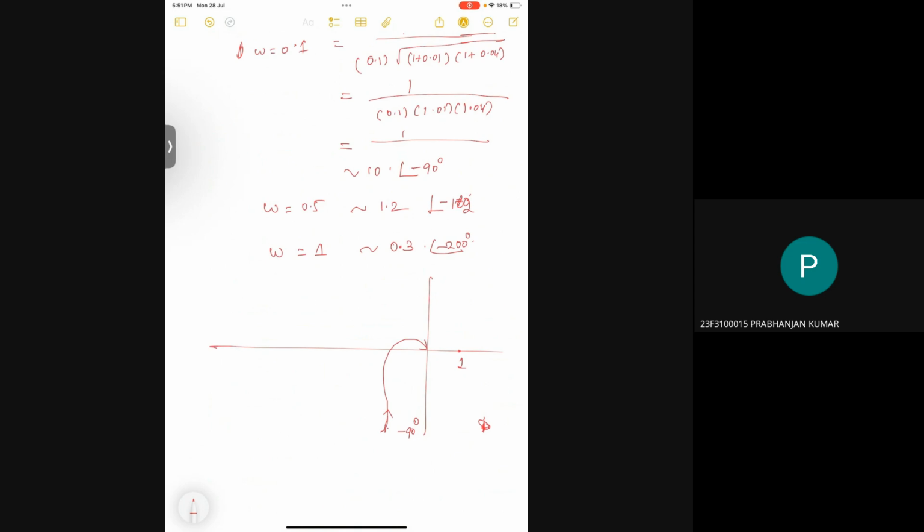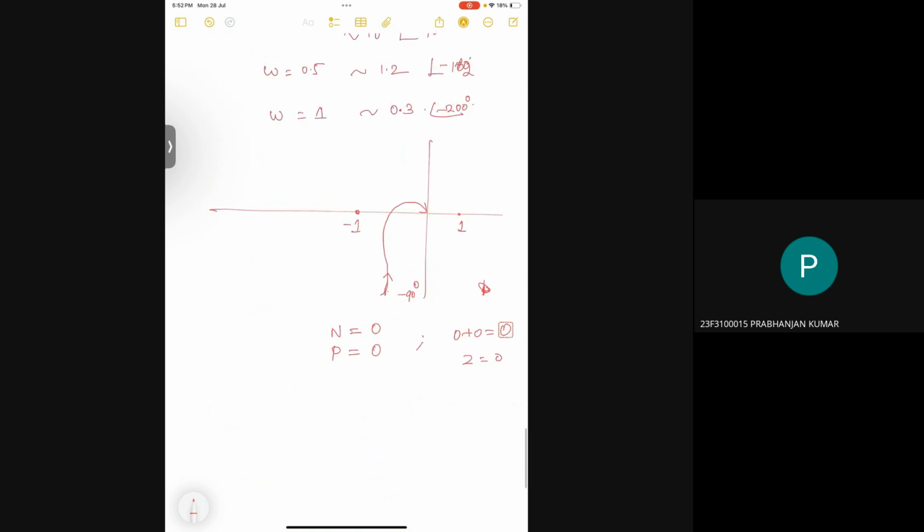Okay. Now if you see, this is where the minus 1 is. It didn't encircle the minus 1 anywhere. So the number of encirclements around the minus 1 point is 0. The open loop poles are also 0. So 0 plus 0 gives Z equal to 0.